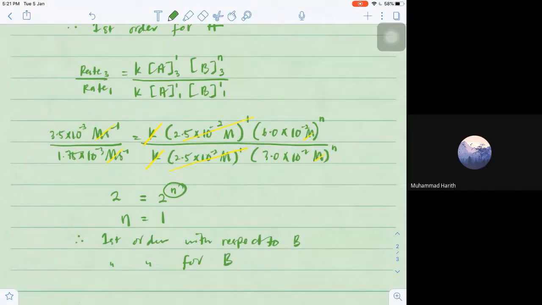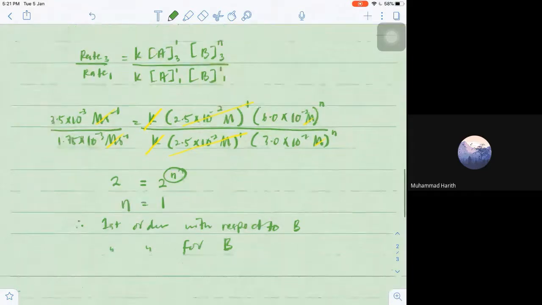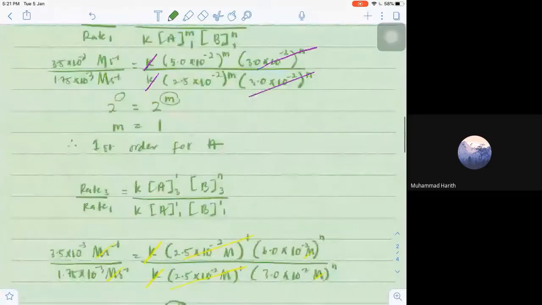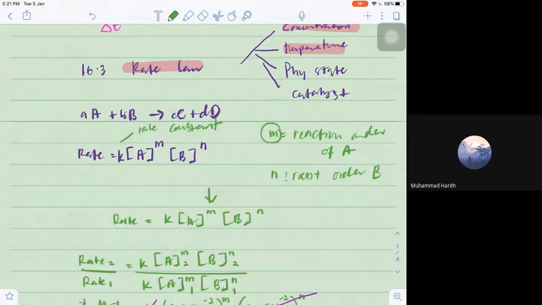When you have the values of N and M, you can rewrite your rate law. Rate equal to K, A power of 1, B power of 1. Before that, the value of M plus N. M is the reaction order of A, N is the reaction order for B. So what is M plus N? This is what we call the overall order.